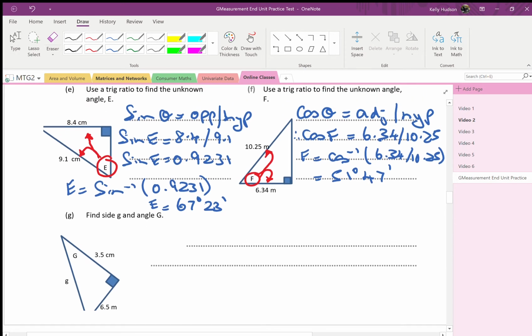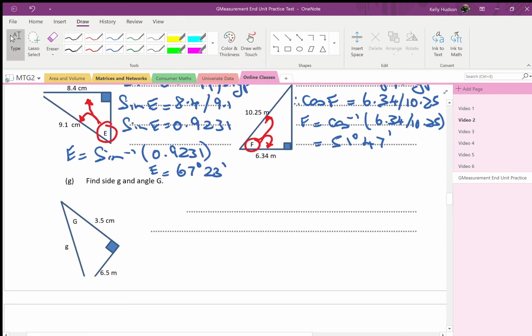Now we've done a sine, we've done a cos, and I reckon this one probably will be a tan. So let's have a look. Here's G. We've actually got to find the unknown angle and then the unknown side. So could do this a couple ways, but let's just find G first of all. So I've got my opposite side and I've got my adjacent side.